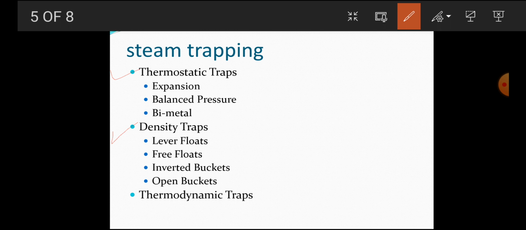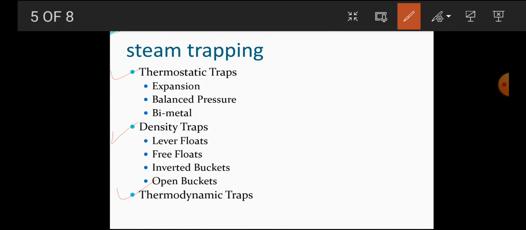In this, the trapping happens due to change in density difference of entering fluids. Then the thermodynamic trap senses the velocity difference of entering fluid.